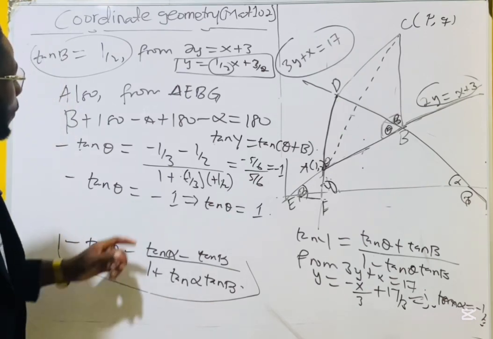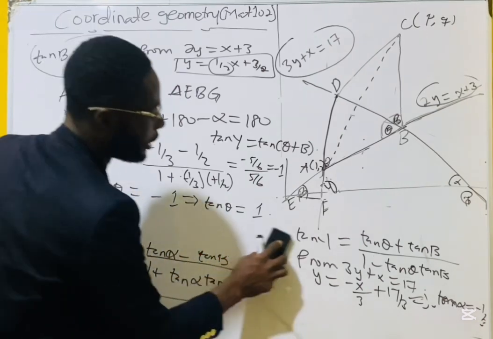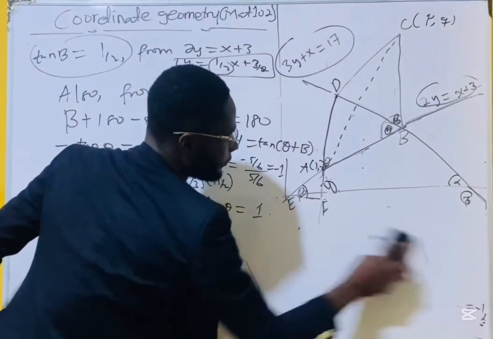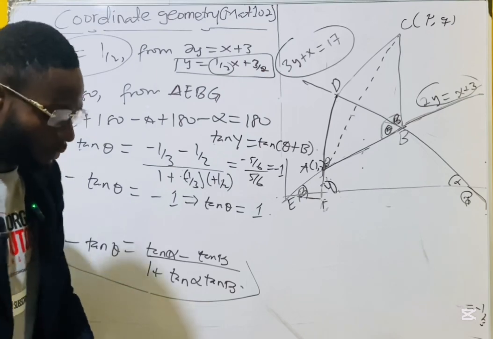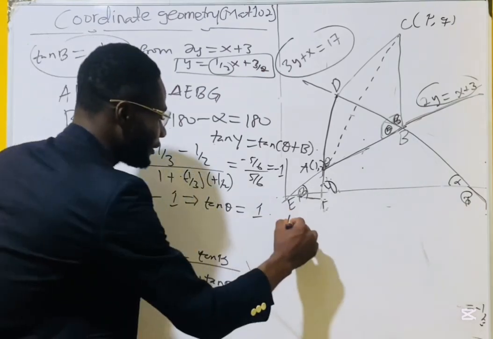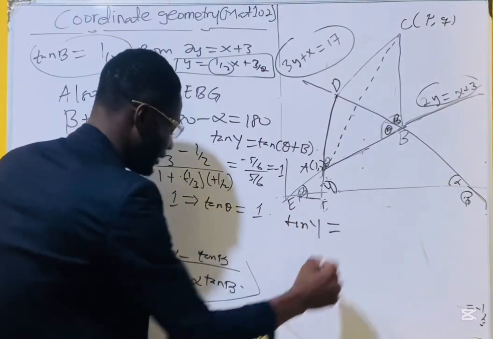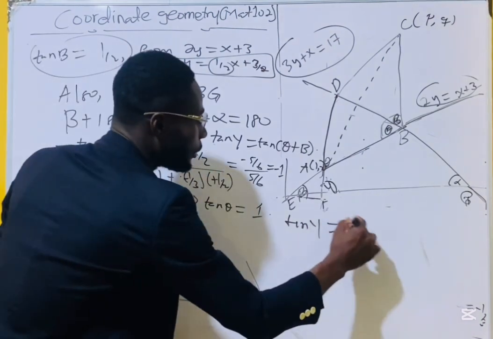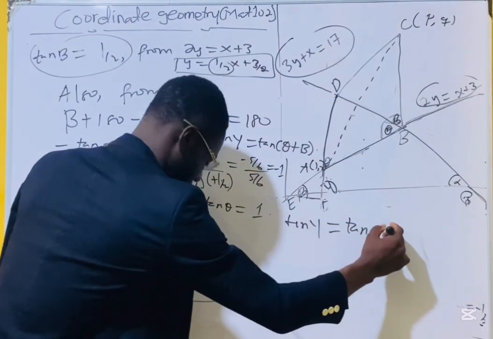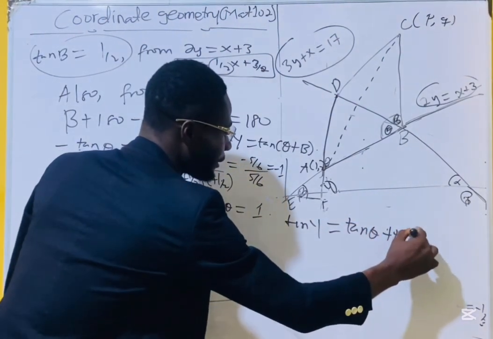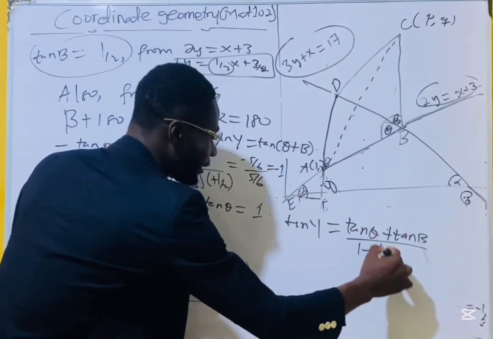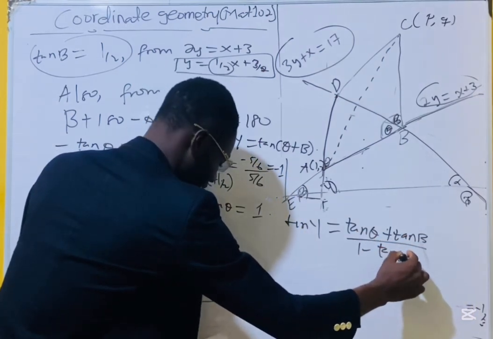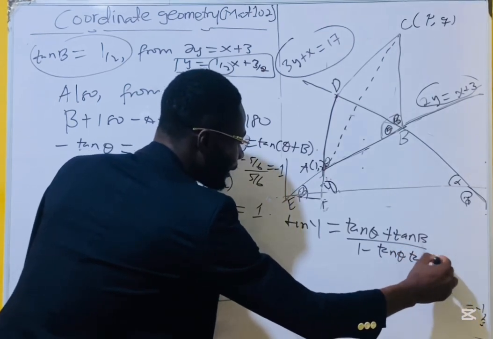So let's try to go away with this. So let's say that tan gamma is equal to tan theta plus tan beta over 1 minus tan theta tan beta, right?